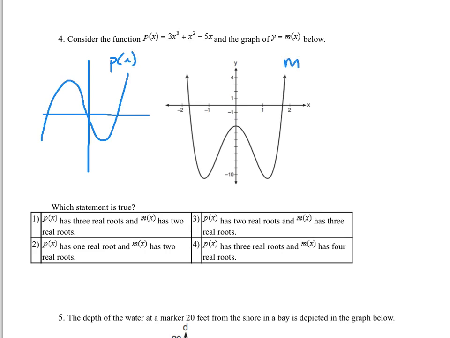And this one here is m of x. So remember, roots are where a graph hits the x-axis. So you see p of x has 1, 2, 3 real roots. However, m of x has 1, 2 real roots. So that's choice 1.